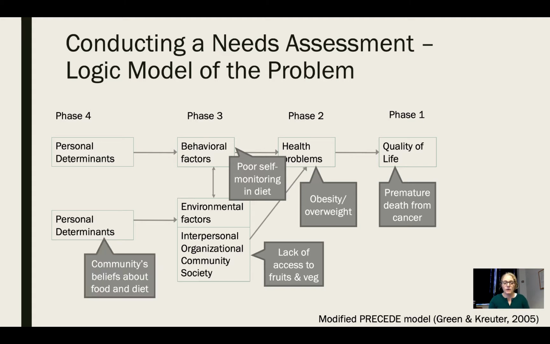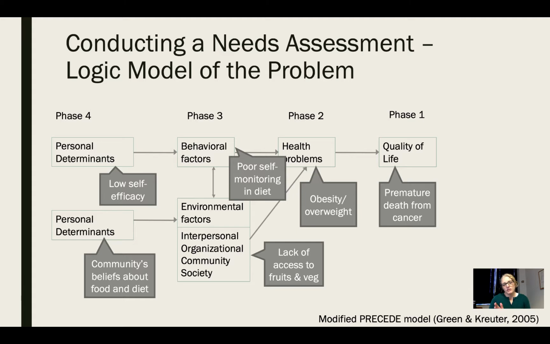And then in phase 4, some of the personal determinants that impact the ecological levels, the environmental factors, are the community's beliefs about food and diet. And at the individual level, we see low self-efficacy. So basically meaning individuals don't have much confidence in themselves in being able to monitor their own diet.